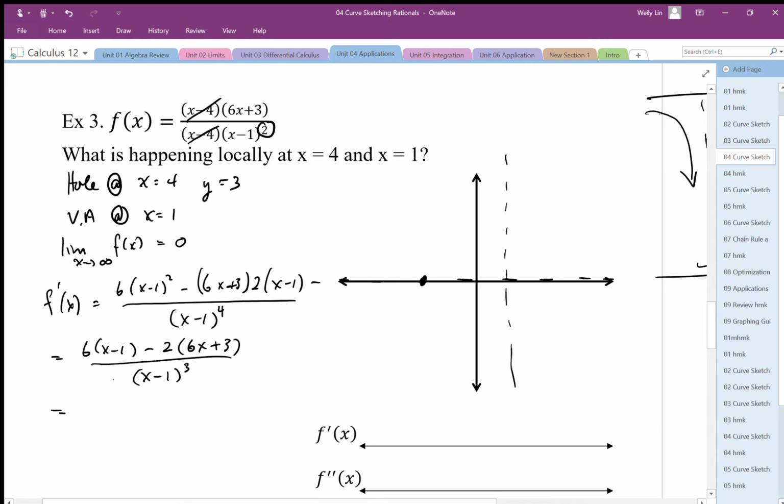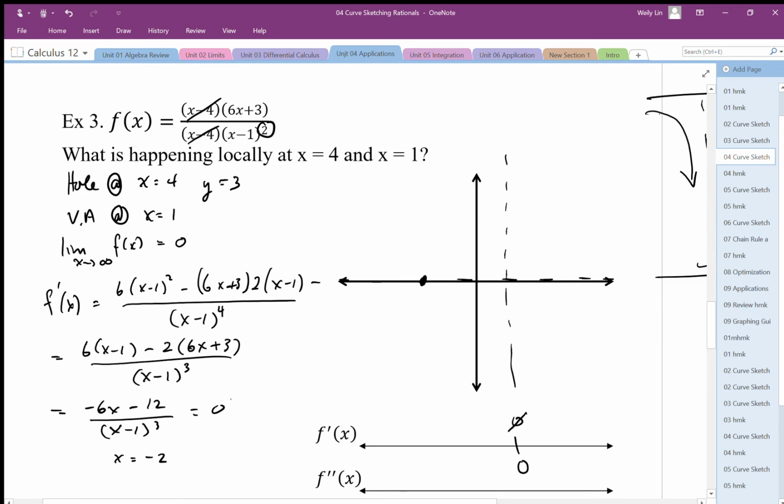Solving this, 6x minus 12x is negative 6x. Negative 6 minus 6 is negative 12. So my derivative, I'm going to have a non-permissible value here. This is equal to 0 at x equals negative 2.